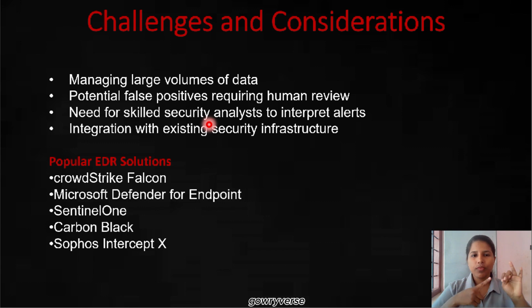Second is potential false positives that require human review. Sometimes it says an attack has happened, but the attack has not actually happened. So a human should review it, along with skilled security analysts to interpret the alerts, and integration with existing security infrastructure.